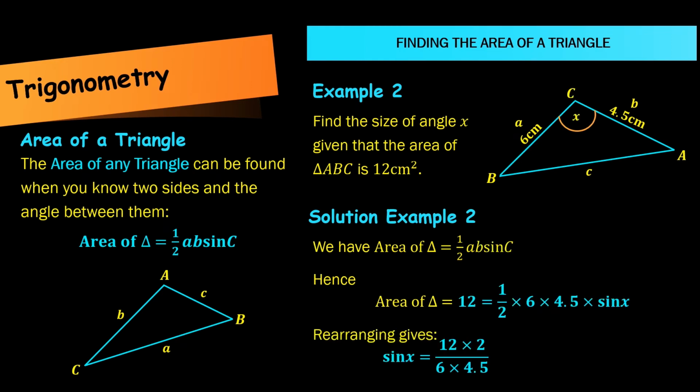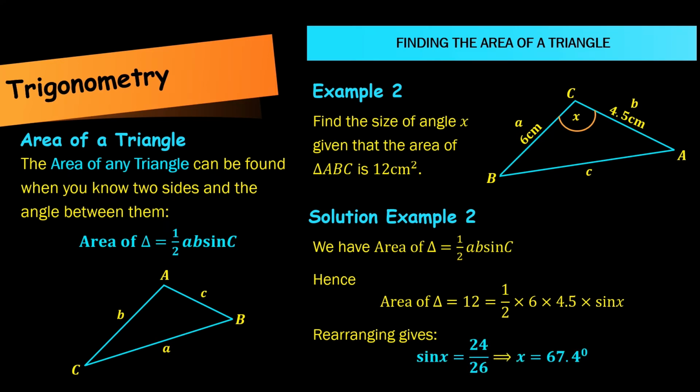Rearranging gives us that sine x equals 12 times 2 over 6 times 4.5, which equals 24 over 27. And therefore, if we inverse sine this expression, we obtain that x equals 67.4 degrees.